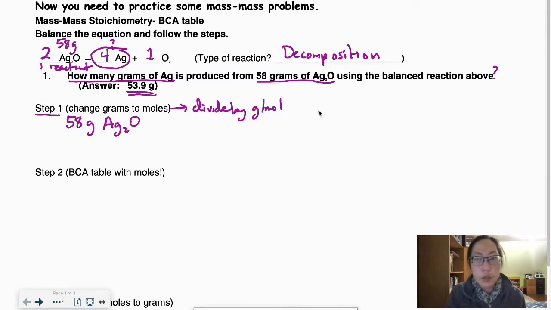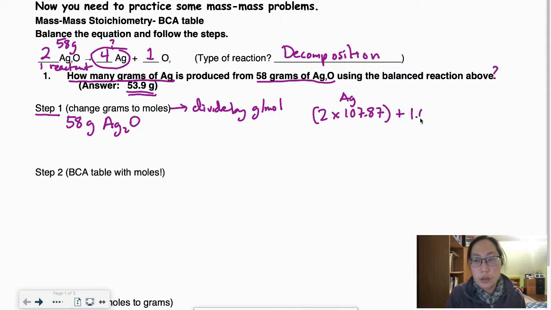I've got 2 Ags. So my molar mass for Ag, when I look it up on the periodic table, is 107.87. Okay, that's my 2 Ags, plus I have 1 oxygen here.